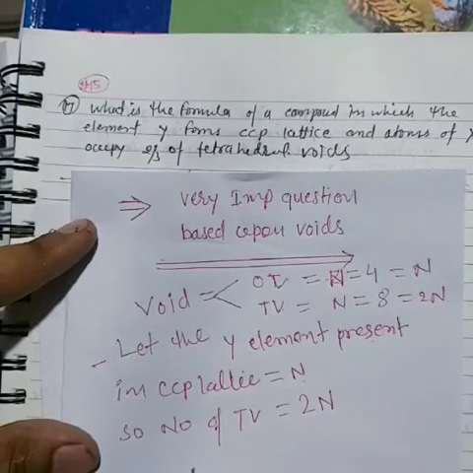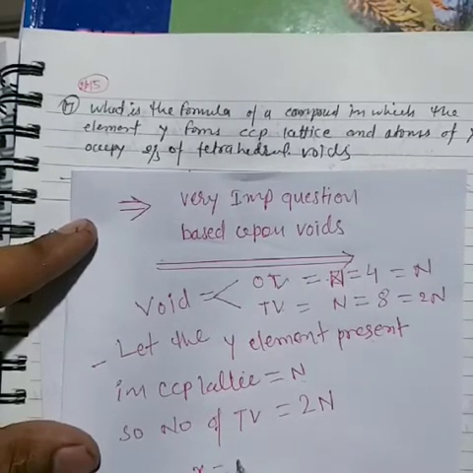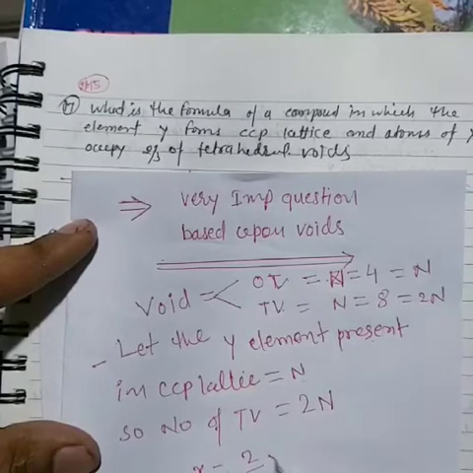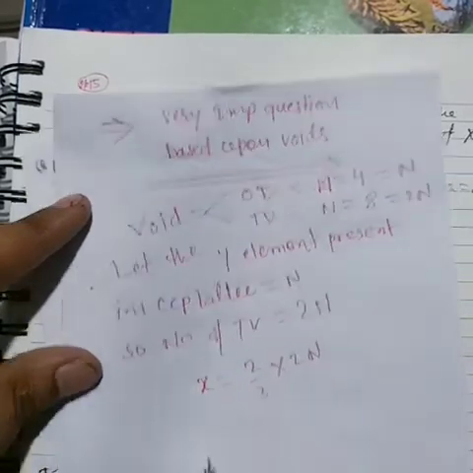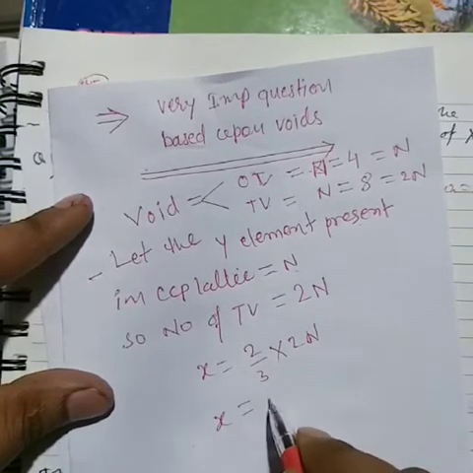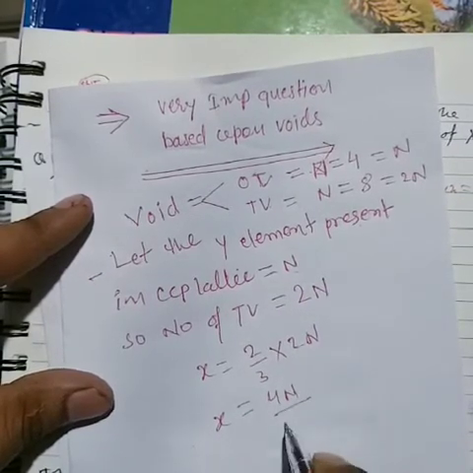Now X is equal to 2 by 3 into 2N, and what do we get? 4N by 3.